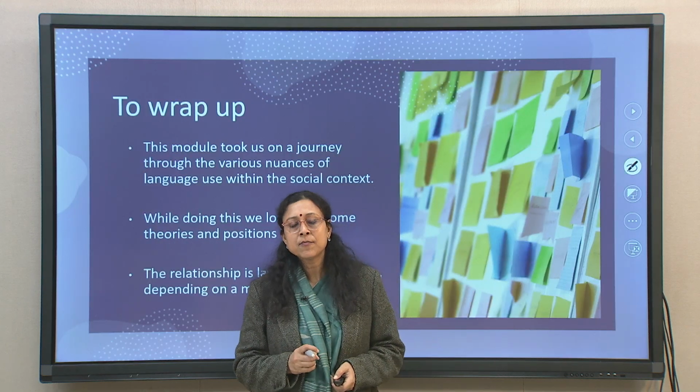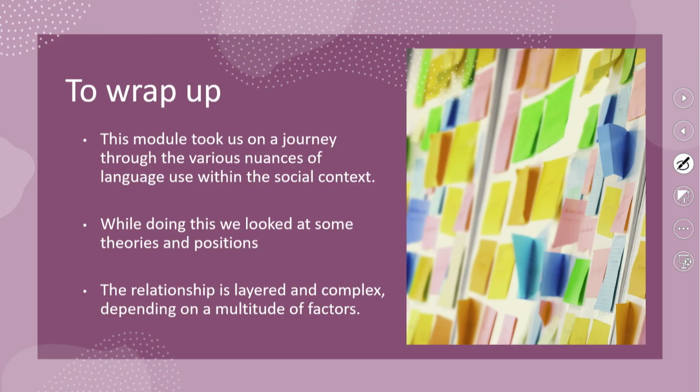So, to wrap up this module, we looked at various nuances of language use within the social context, and while doing that we looked at different theories, their positions, their criticisms and so on. The take home lesson is that this relationship is layered and complex, and depends on a multitude of factors.